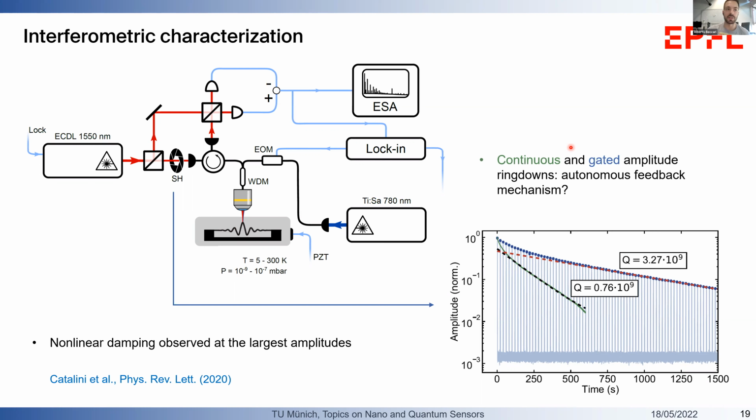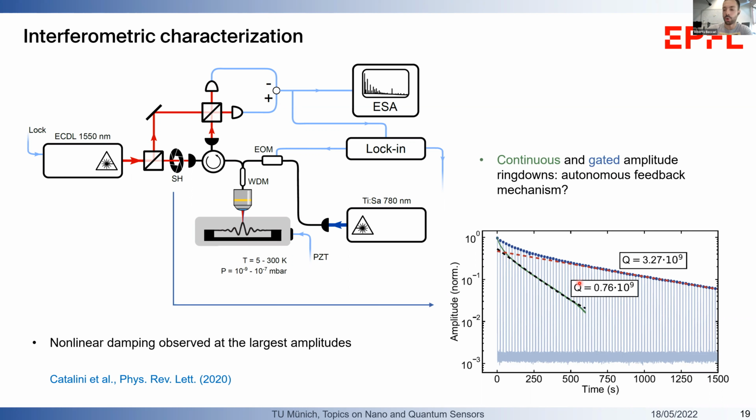We didn't investigate this mechanism in detail, so we don't have a complete explanation. But from some evidence we have gathered, it's probably related to an autonomous feedback mechanism due to part of the laser beam being reflected at the chip surface underneath the nanostring, creating a standing wave that can introduce feedback. In fact, if you change the distance between the microscope objective and the chip, you could affect the sign or the magnitude of the damping rate.